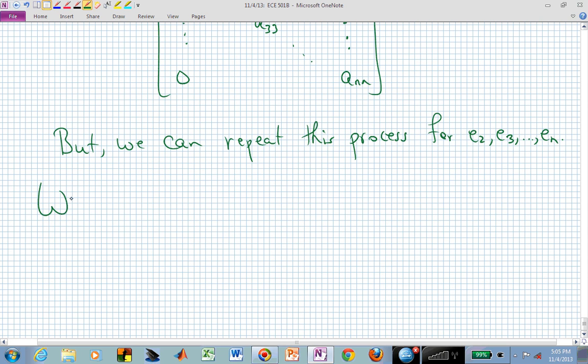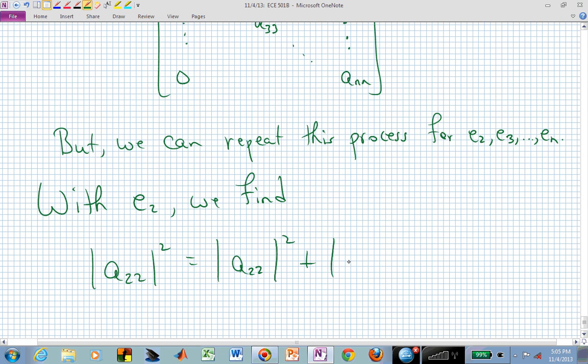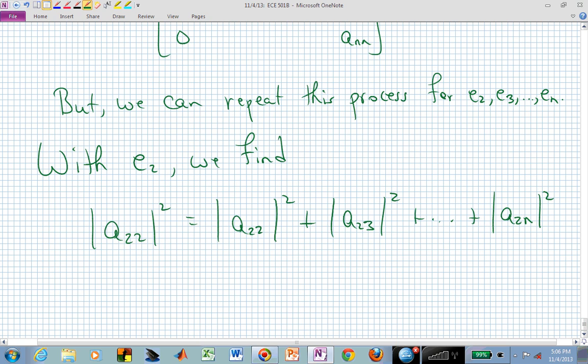Meaning with E sub 2, we would actually find that this |A22| squared was |A22| squared plus |A23| squared down to |A2n| squared, which forces all of those remaining terms to be 0.